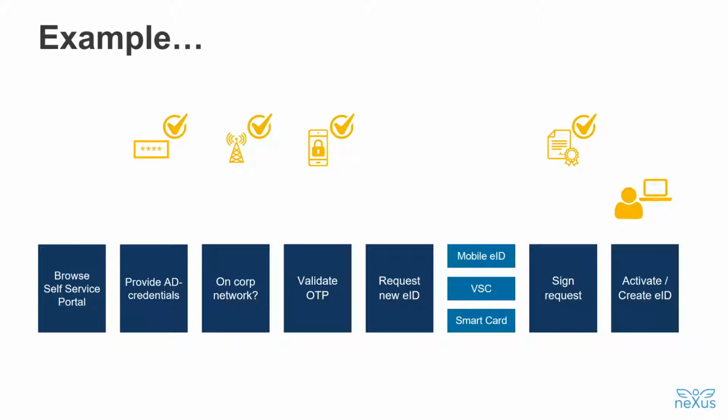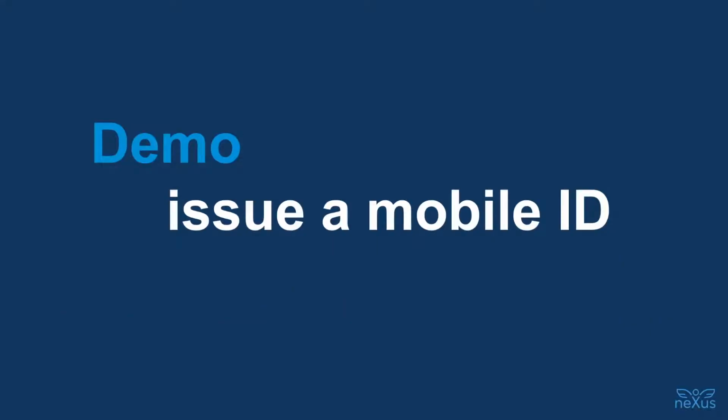So this is basically one example of how you can use this Smart ID digital access platform and the self-service portal to transfer users. So just to give you an introduction on how this could be used.